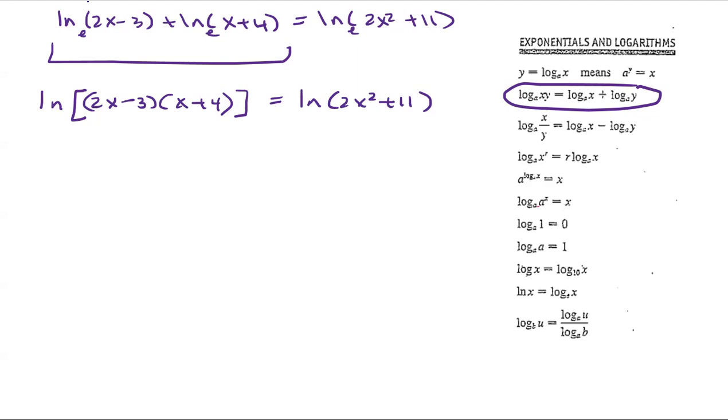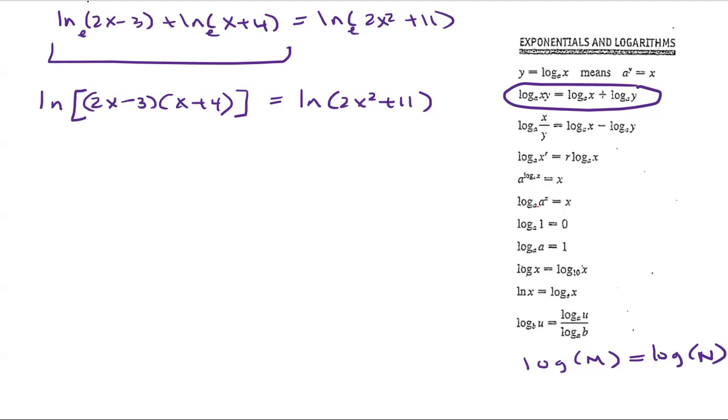Now the other property here that's not listed is that if you have a log or ln, doesn't matter, log of m equals log of n. Again, I can use this for ln as well. The log and ln, you can interchange the properties.